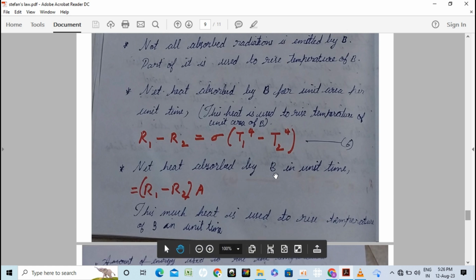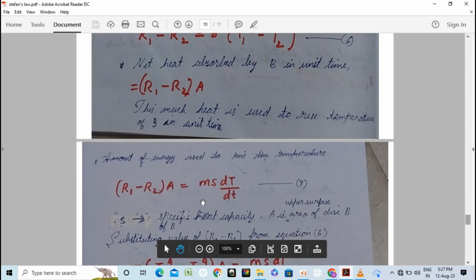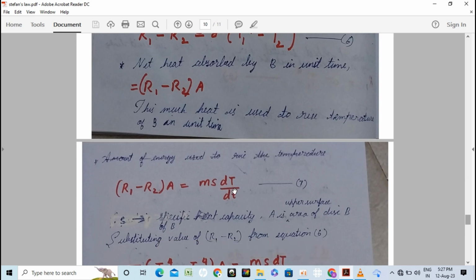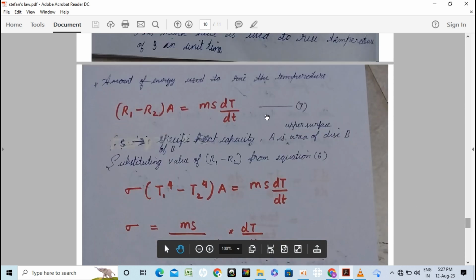Net heat absorbed by B in unit time is R1 minus R2 times A, where A is the upper surface area of the disk. This much heat is used to raise the temperature of B in unit time. So R1 minus R2 times A can be written as ms dT by dt. So this is our equation number 7.